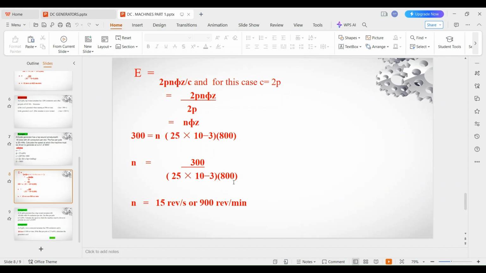And when you divide this, that is 300 divided by 25 times 10 raised to negative 3 times 800, we shall get our N as 15 revolutions per second.